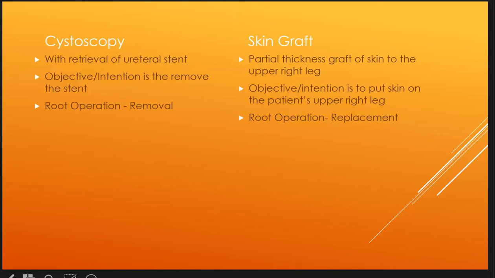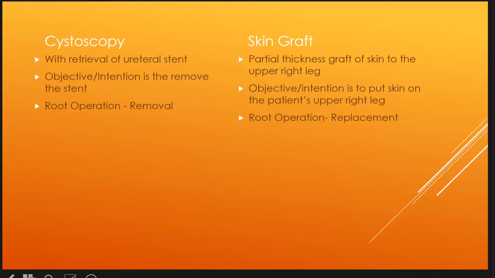Number 10, the patient is having a cystoscopy with the retrieval of a ureteral stent. What is the objective? The objective is to remove this stent from this patient's bladder, or I'm sorry, kidney, urinary system component. Removing the stent from the ureter. The root operation is removal.